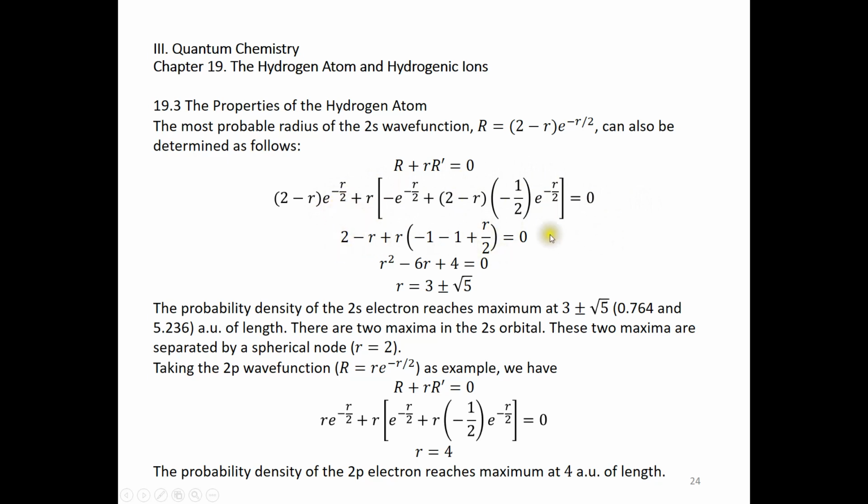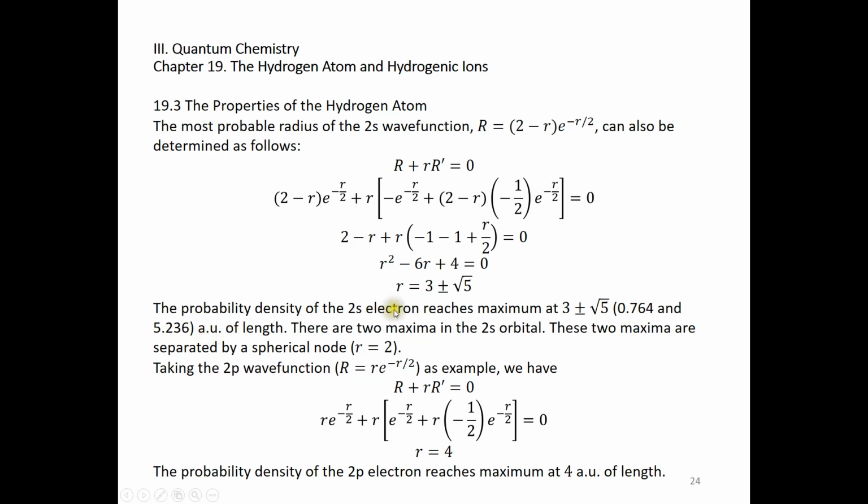And then from here, we get a second order equation, or quadratic equation. Solving this, we get two roots. Both are legitimate roots. That means if you have a 2s electron, there should be two maxima, one at 3 plus the square root of 5, one at 3 minus the square root of 5. So the numerical values are 0.764 atomic unit and 5.236 atomic unit.